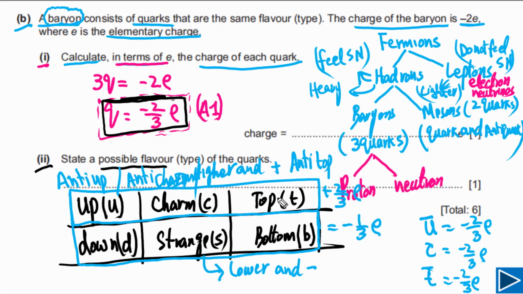You can mention any one of them, and you will get 1 mark, and that mark is the B mark.